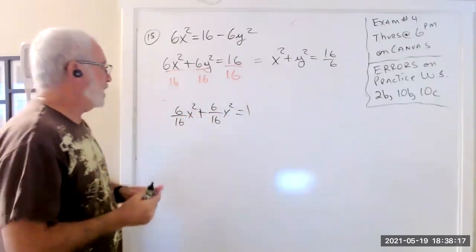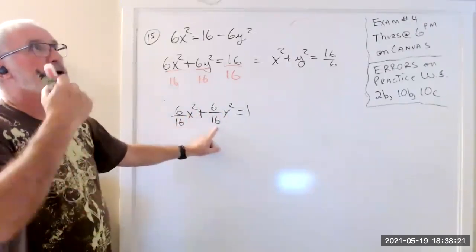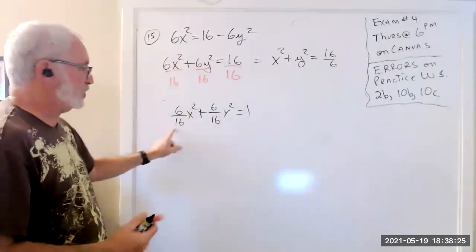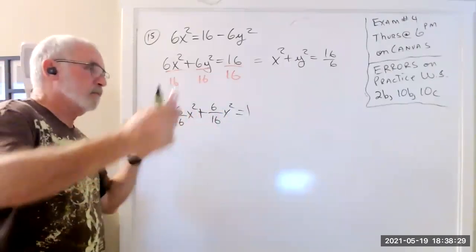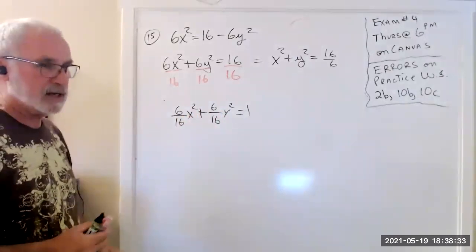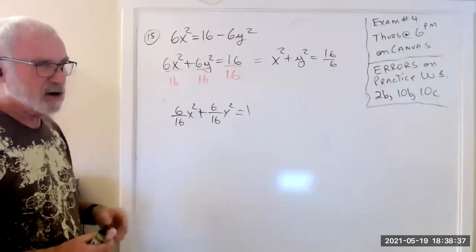But wait, the coefficients are the same, but to be an ellipse, the coefficients have to be different. So by looking at this two different ways, it's got to be an ellipse. Is that okay, or is that double talk?